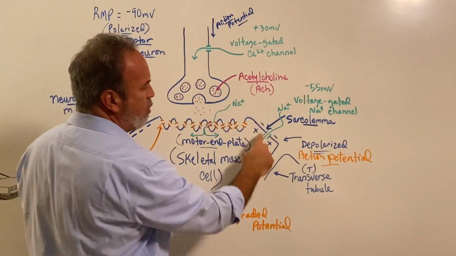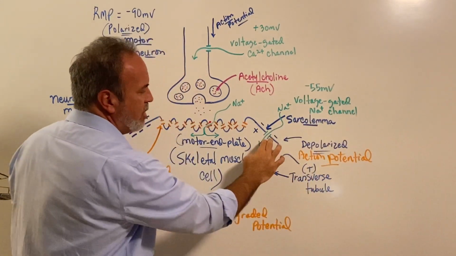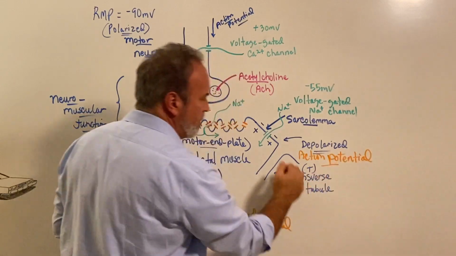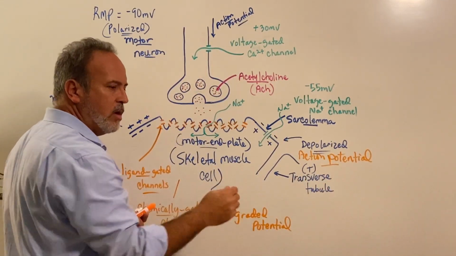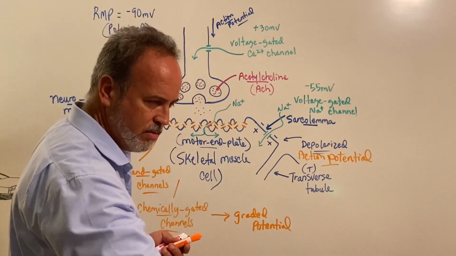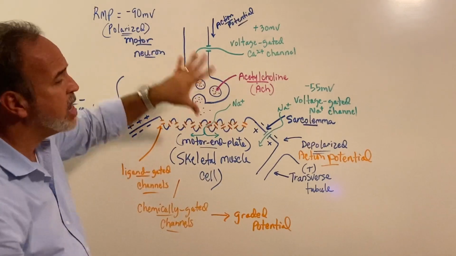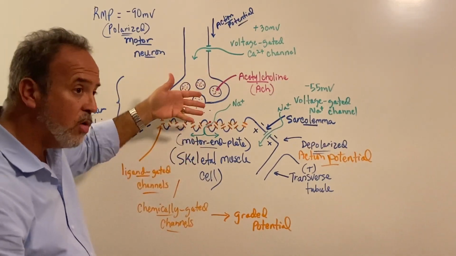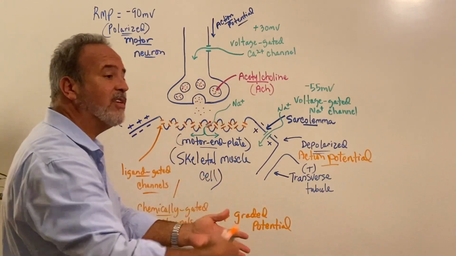So now that we open the voltage-gated sodium channels, we're going to develop an action potential, and it's going to go into the cell. And once it gets into the cell, we get the release of calcium. So the whole purpose of this whole thing that I put in here was to show how a skeletal muscle is stimulated to release calcium.